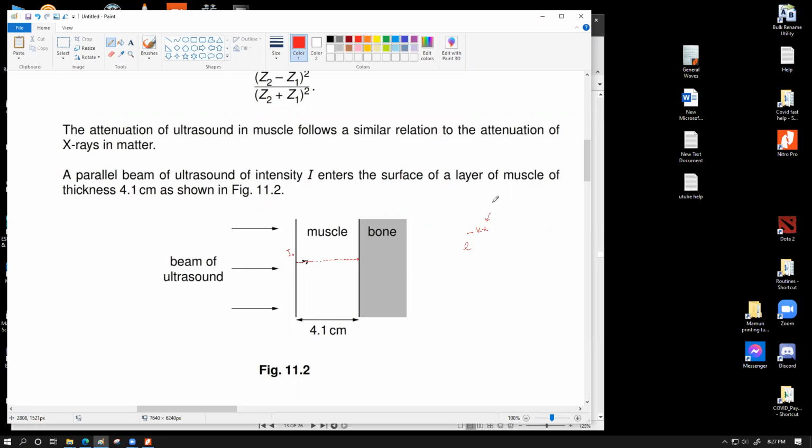This x in this case is 4.1 centimeter. This is passing through this part. Now it falls onto this boundary, and a portion of this incident wave is going to be reflected off from the muscle-bone boundary. Now the ratio of IR by I is given by z1 minus z2 whole squared divided by z1 plus z2 whole squared.